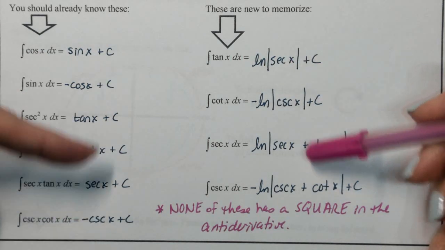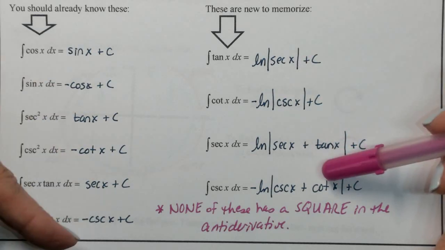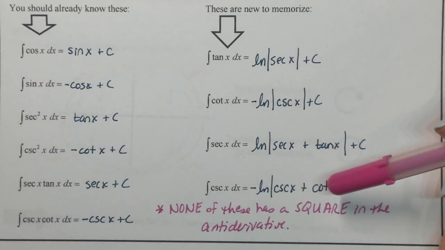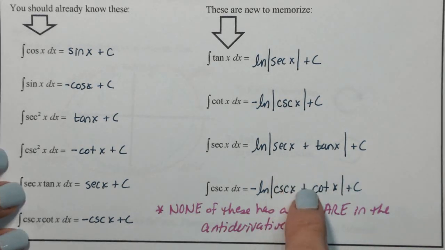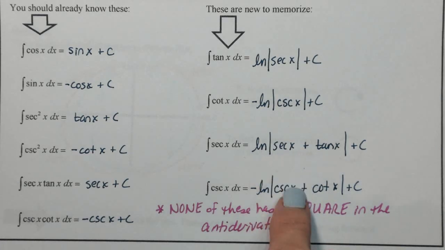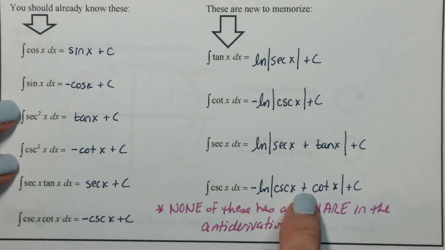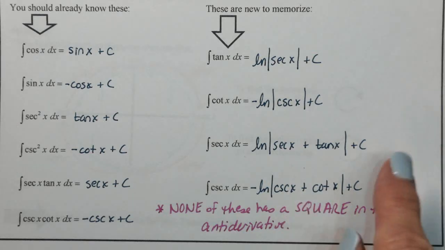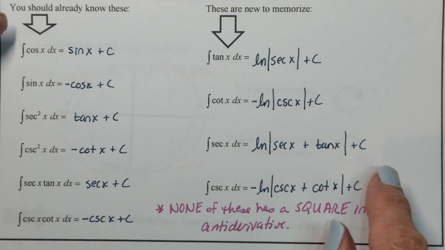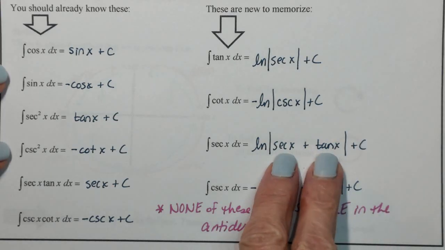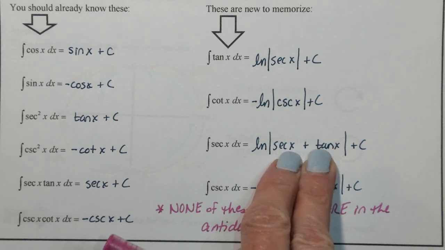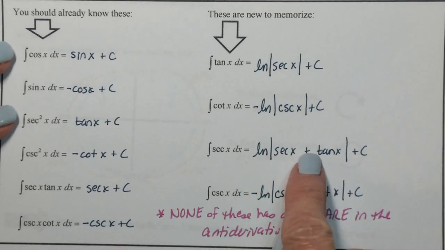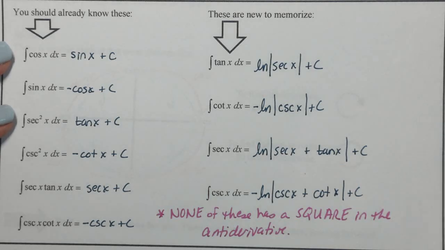None of the things I wrote has a square. And no products. No squares, no products. The only ones that are not a single thing are these two, and it's a plus between them. All right? So no squares, no products. I get that a lot. People like to take secant and tangent and multiply them together because that's what we do for the derivative. Don't do it for this. It's a plus. Alrighty? Okay, that's it.